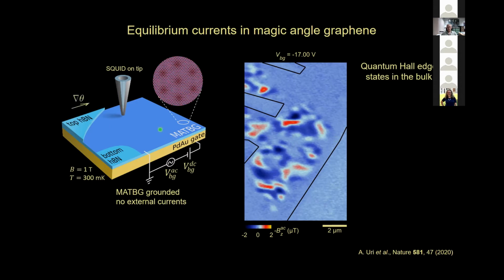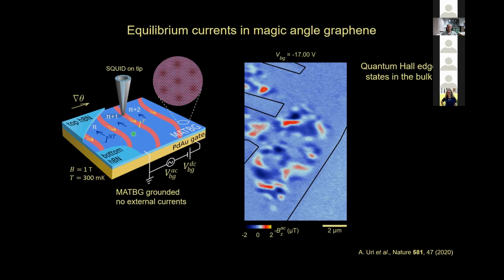So as we will see later, in magic angle graphene, there is a gradient of twist angle, and this gradient causes formation of Landau levels in the bulk along the gradient, in which topological current flows in the incompressible strips and non-topological current flows in the opposite direction in the compressible strips.